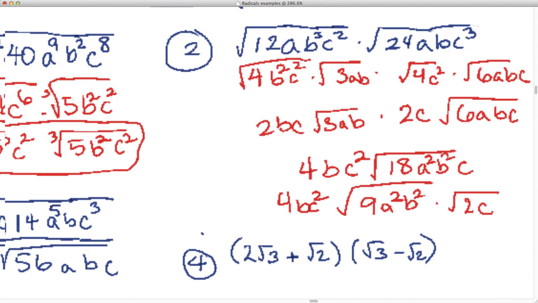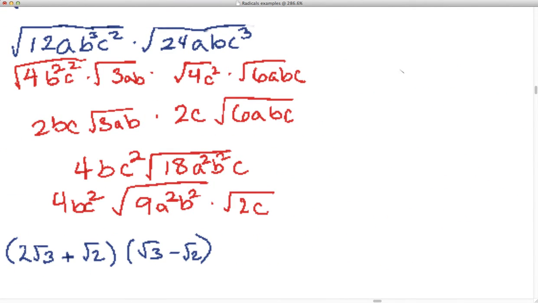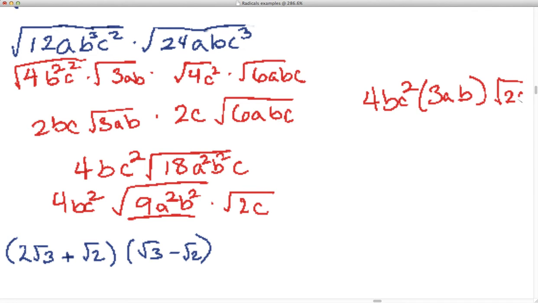And then when you simplify that, you're going to get a 4bc squared times 3ab. All I did was square root this term right here. Divide the exponents by 2, in other words. Square root of 2c. Here you're going to get 12a b squared c squared root 2c.